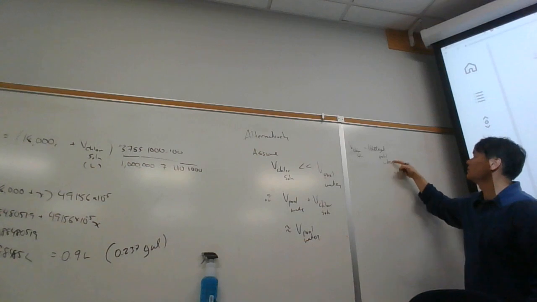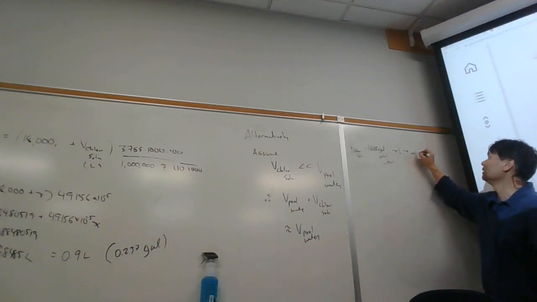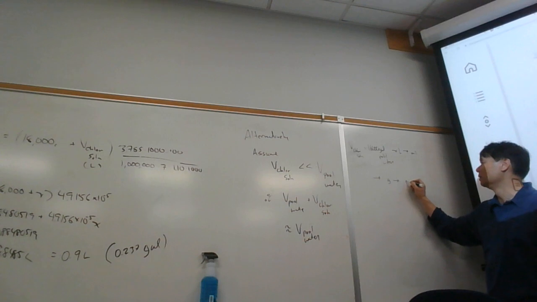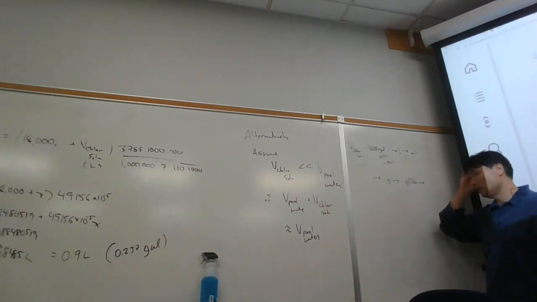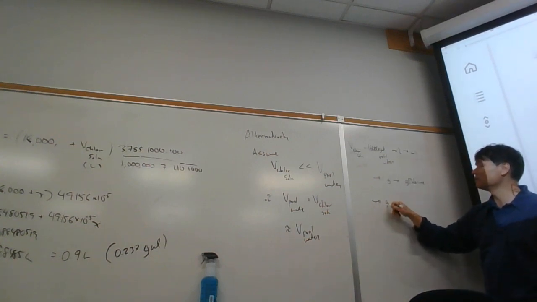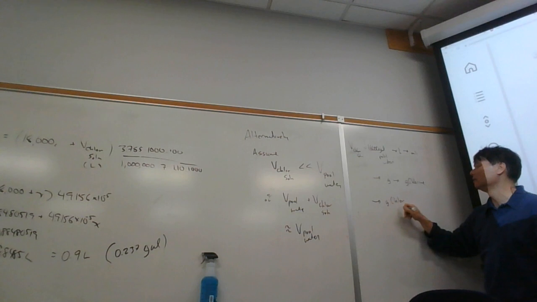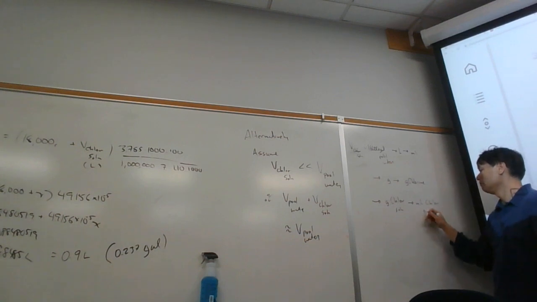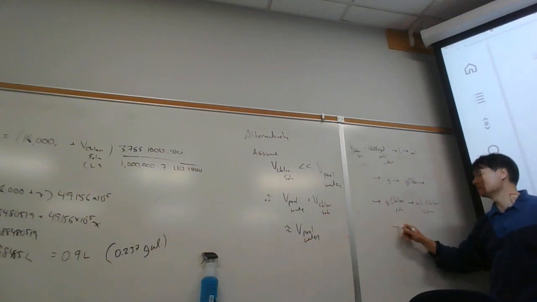And then we go from gallons of pool water to liters of pool water, and then from liters of pool water to milliliters of pool water, and then from milliliters of pool water to grams of pool water, and then grams of pool water to grams of pure chlorine, using the ppm, and then grams of pure chlorine to grams of chlorinating solution, and then grams of chlorinating solution to milliliters of chlorinating solution, and then milliliters of chlorinating solution to liters of chlorinating solution.